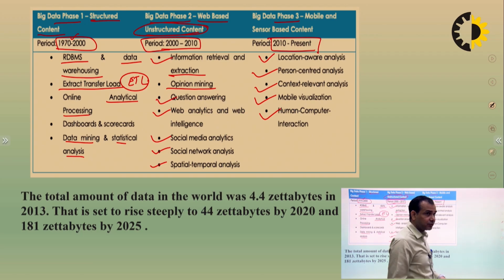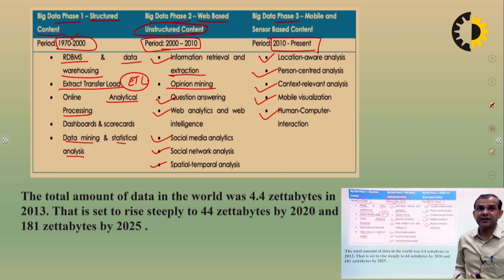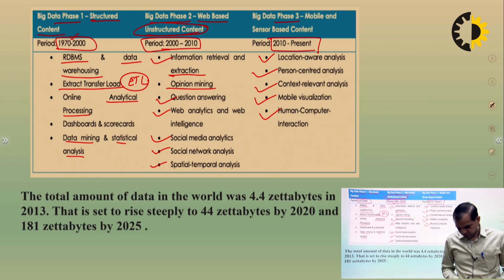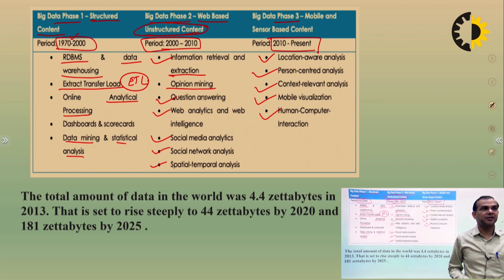So in this table we have defined the different phases. In the earlier phases we are using only a similar type of data, named structured data, and for that we are using the RDBMS, Relational Database Management System. Second, we are using browsers, web based.